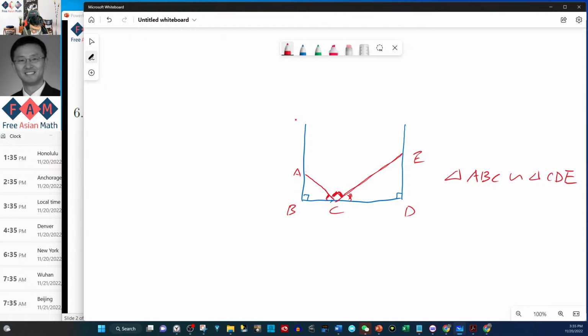So angle ACB plus angle ECD equals 90 degrees immediately. And that means that this angle must be congruent to this angle. So you have one more pair of congruent angles for two right triangles. Therefore, the two triangles are similar.